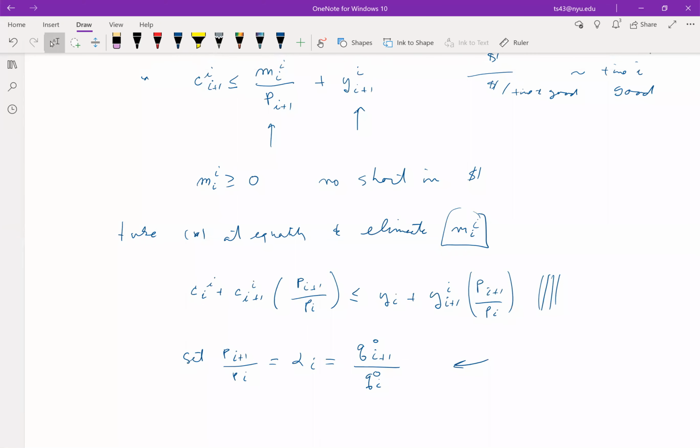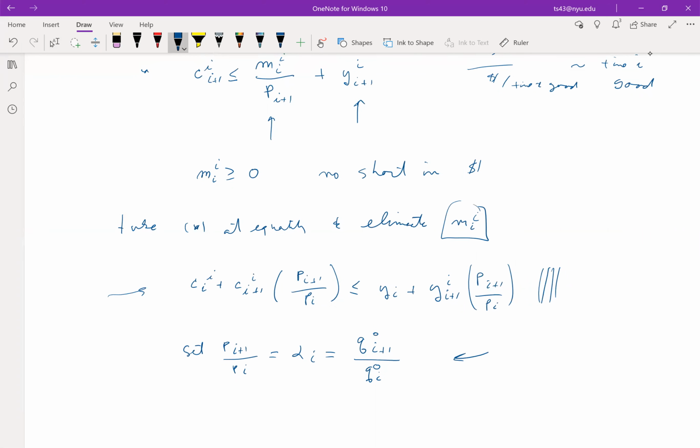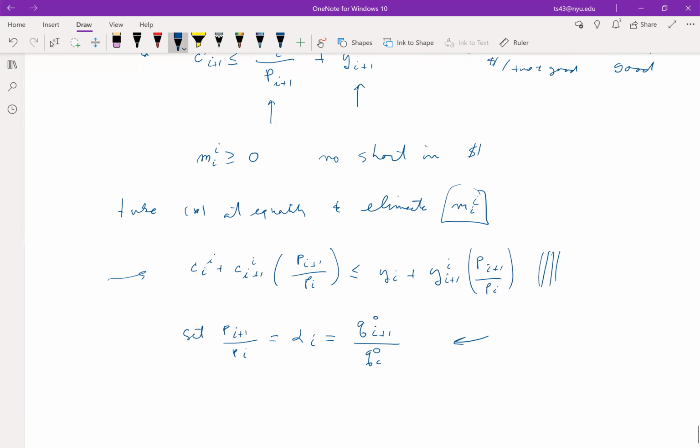So if we set that, this is equivalent, which means we actually know a lot about what Samuelson is going to define as an equilibrium.